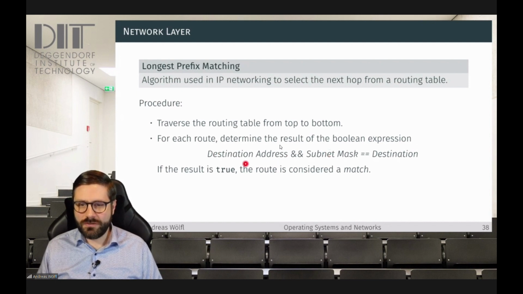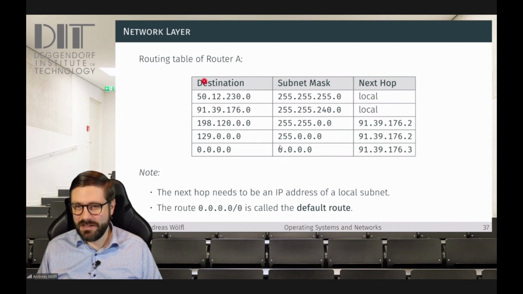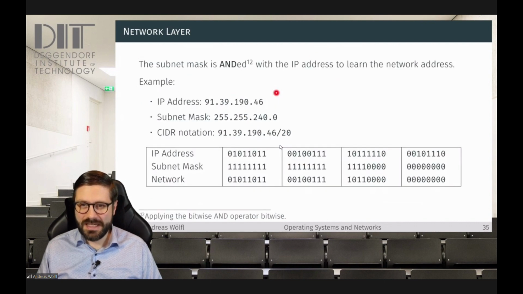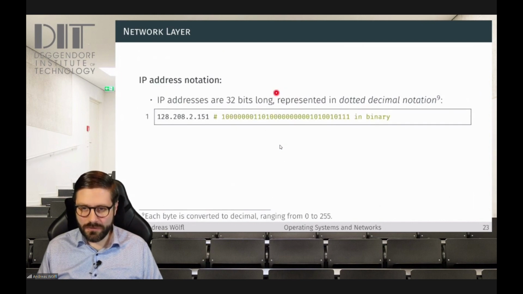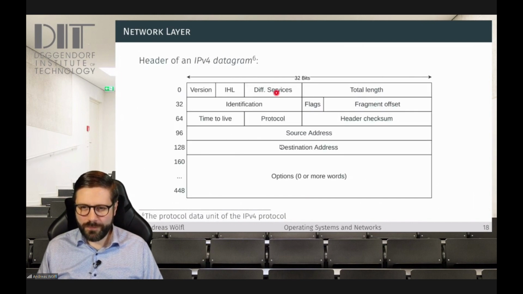Destination address. Be careful, this destination address is not this destination value. This is something different. Destination address is exactly the value of this field in the header of the IPv4 datagram.